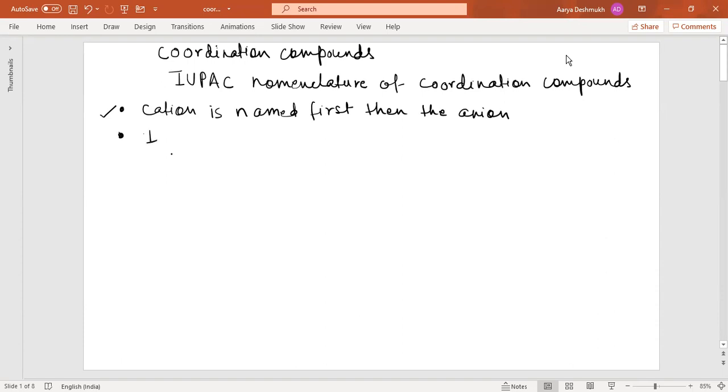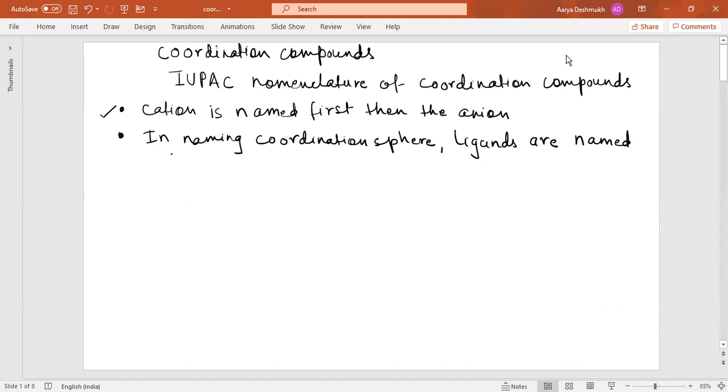Now, in naming the coordination sphere, ligands are named first.